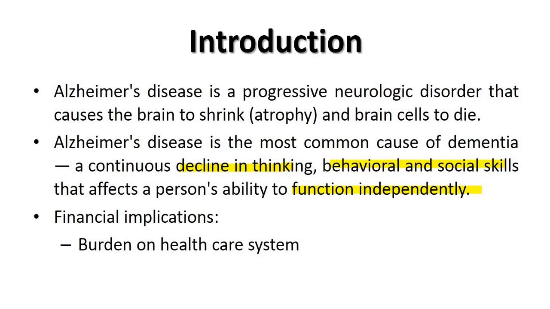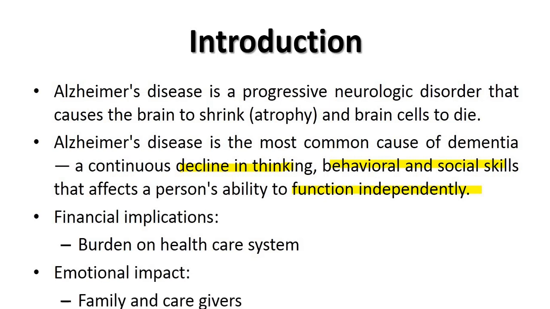Moreover, people are not happy with the disease, the normal life is affected, not only of the patient, also of the family members or dependent person. So, it is an emotional impact as well on the family as well as the caregivers of the patient.